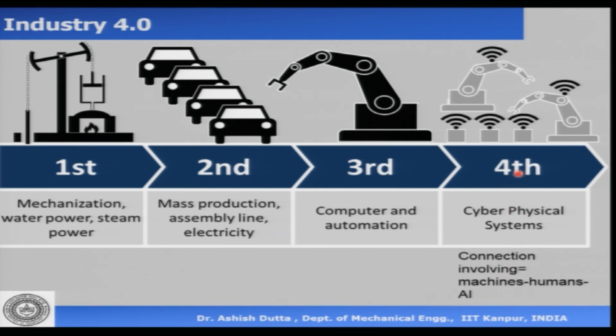And this is from about 2005 onwards, and is likely to last for at least another 15 to 20 years more. So the fundamental difference between here and here is that here we have intelligent algorithms, sometimes called machine learning algorithms, and we have humans in the loop, and this is what makes industry 3.0 different from 4.0, and this is where we are today.